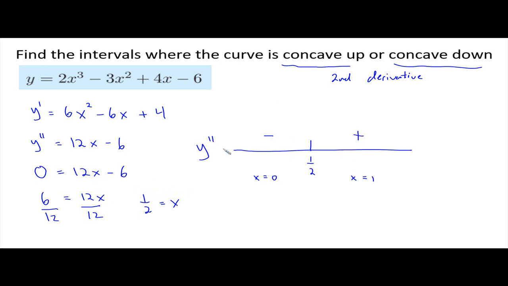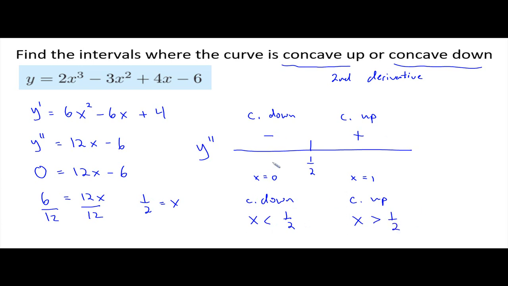So that means to the left of 1/2, it would be concave down, and to the right of 1/2, it would be concave up. So it's concave down when x is less than 1/2, and concave up when x is greater than 1/2.